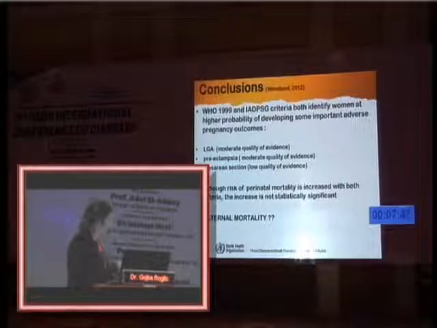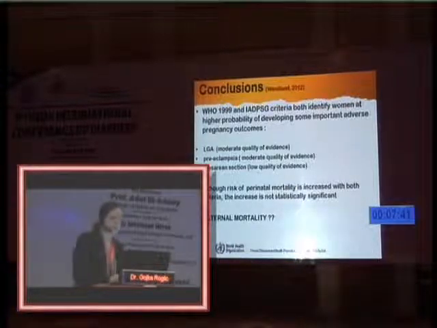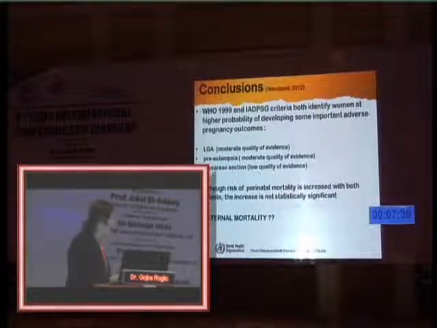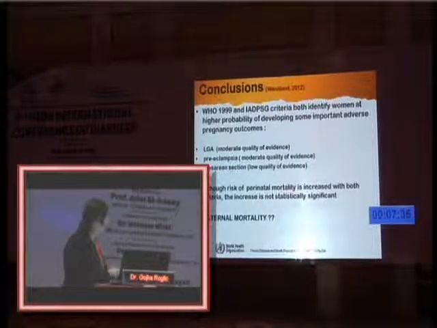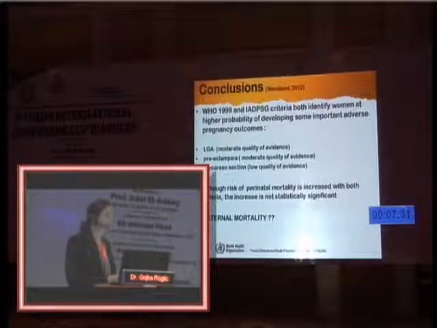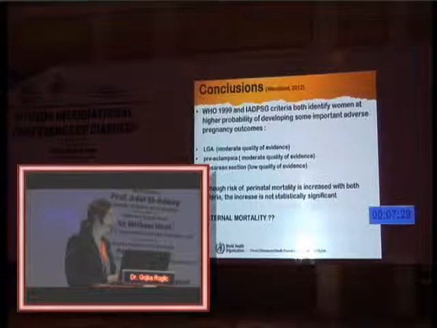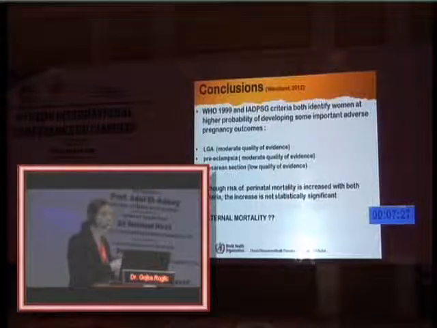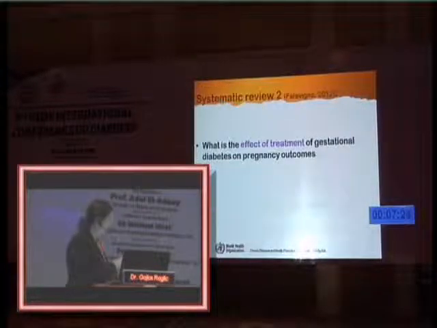And here you see the quality of the evidence. Although the risk of perinatal mortality is increased with both criteria, the increase was not statistically significant. And none of the studies reported any maternal mortality, so we do not know what the outcome of such a pregnancy is for the mother.